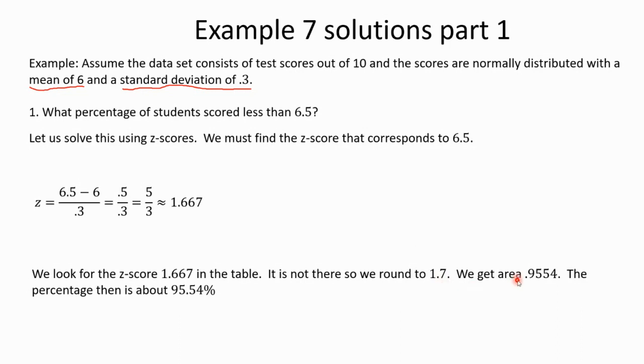But it turns out the area we're looking for is 0.9554. That means about 95.54% of the data values are less than 6.5. So about 95.54% of the test scores are less than 6.5. Most of them.